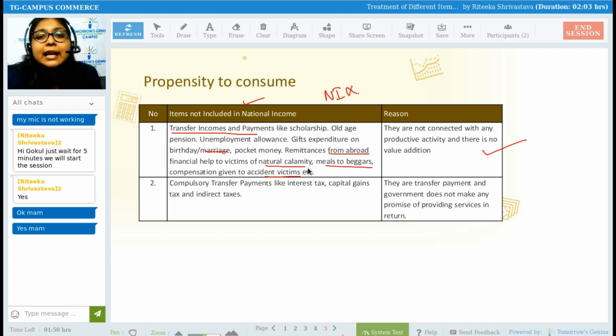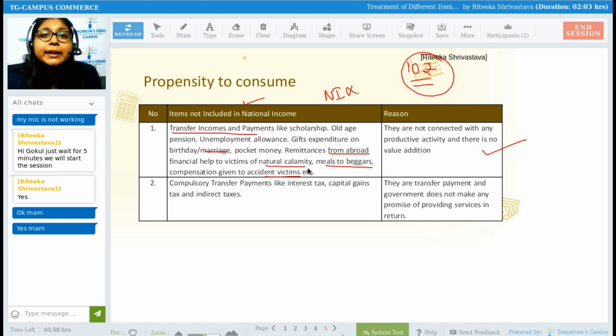Now say suppose I am giving 10 rupees to a beggar. In return that beggar is not going to give me anything. He is not going to provide any kind of productive activity or productive services in the economy.